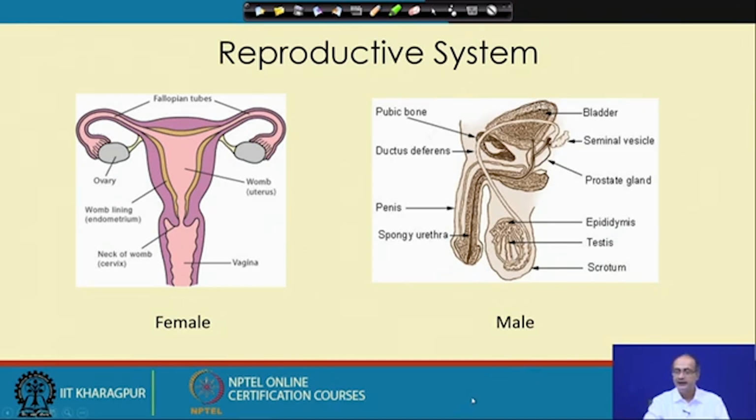And here is another interesting engineering design I would like to mention, which you may not find in the book. You see that the sperms are stored here in the testes, and this part, the scrotum, is outside the human body. For animals also you will find that the scrotum is outside the body, and it is done for a particular reason: the preservation of the sperm, which is stored here for some time.